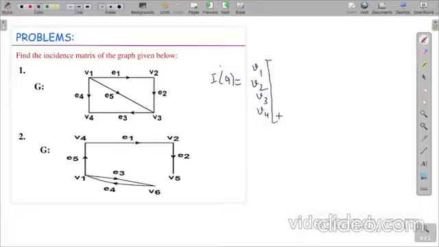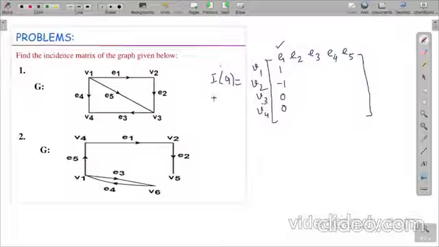Edges are E1, E2, E3, E4, E5. Edge E1 connects V1 and V2. So out from V1 it will get 1, into V2 that is minus 1, and the rest will be filled with 0.